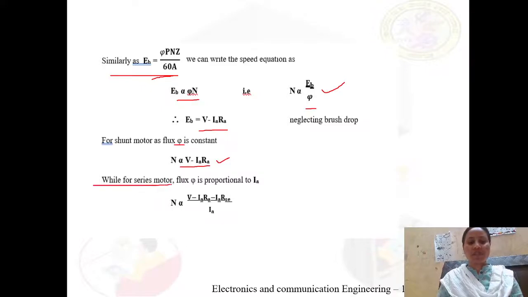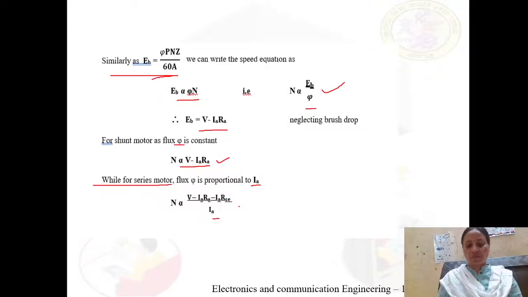But in case of series motor, flux is proportional to the armature current. Therefore, we can replace flux phi with IA. And EB is V minus IA RA minus IA into RAC. We get this from the expression for the voltage in series motor.